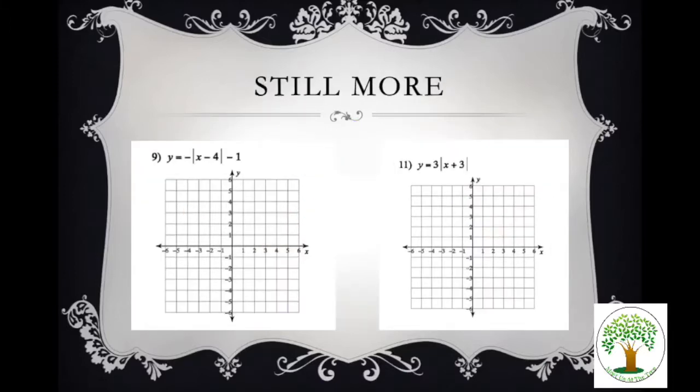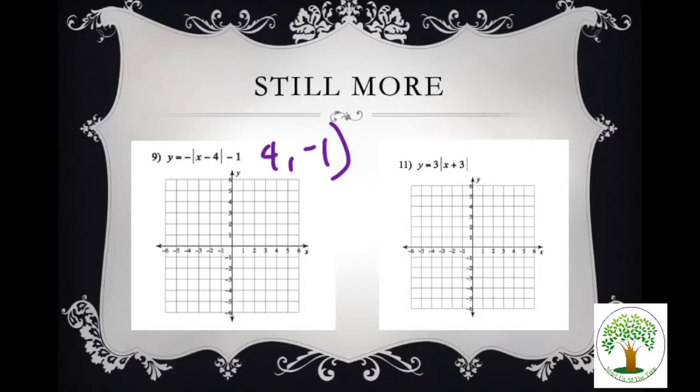All right, let's do number 9 and number 11. This time I want you to notice that we have this negative in front right here for the 9. And so my vertex is found the same way we've been doing. We take the opposite of this right here, which is 4, and we take the same as that, which is -1.